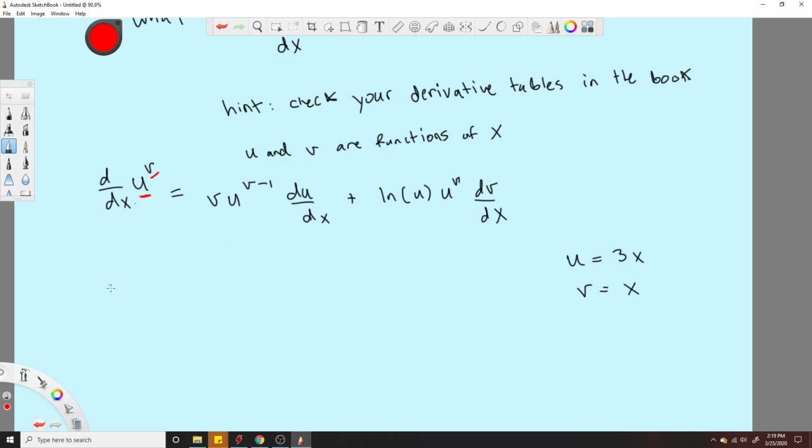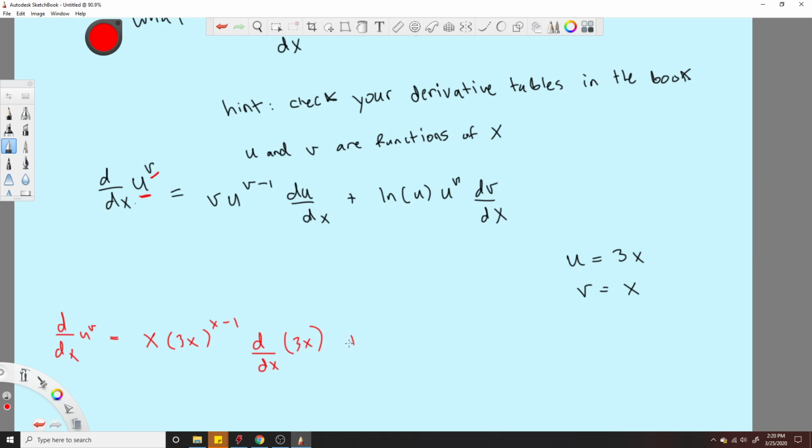So now we just plug in our problem. d/dx of u to the v is equal to, so v is going to be x, u is going to be 3x, v minus 1 is going to be x minus 1, du/dx is d/dx of 3x. I'm not going to actually do the derivative yet.